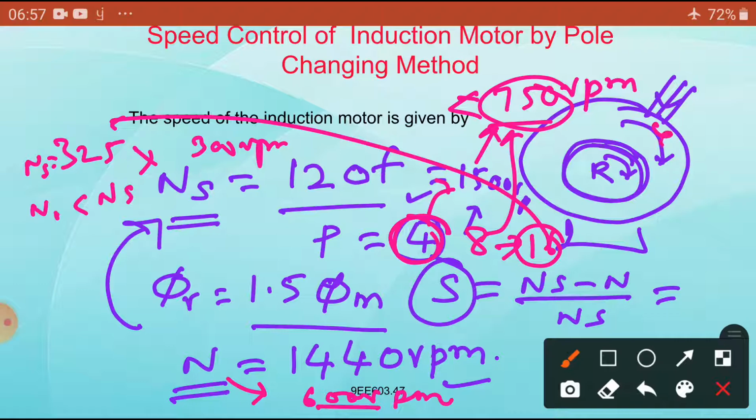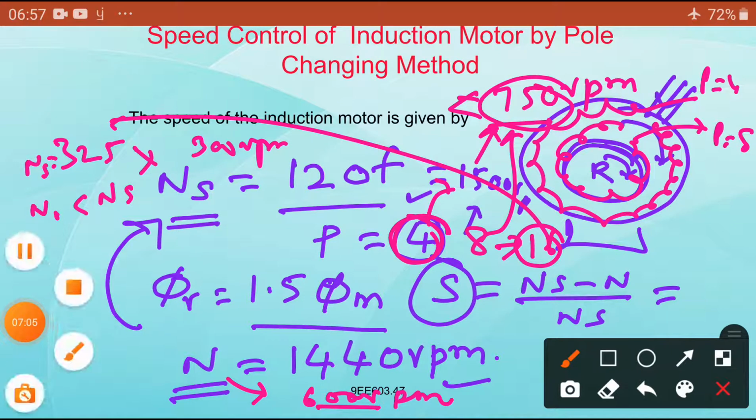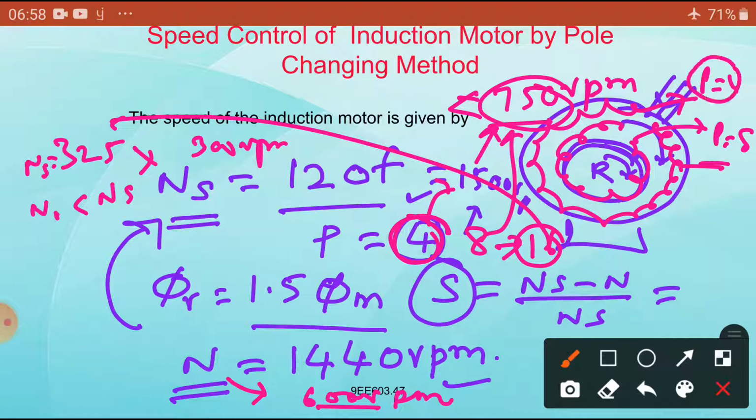I am going to insert one winding designed for P is equal to 4 poles, and another winding designed for P is equal to 8 poles. Based on the number of poles, if the first winding, designed for the 4-pole machine, is connected to the supply, it produces 4 poles, then the rotor also creates the same number of poles, and it rotates at a speed of N.